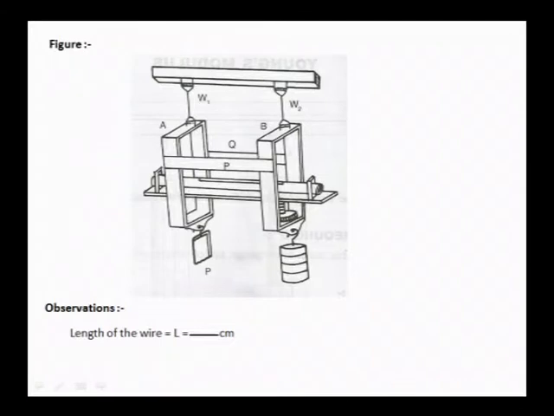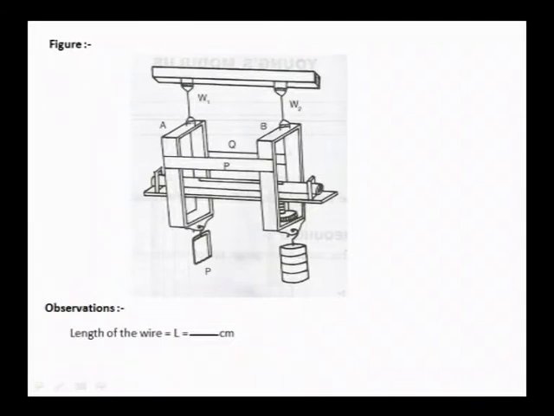So, next we note down the readings on the screw gauge or micrometer in the Searle's apparatus. We all know the screw gauge consists of two scales, pitch scale and head scale. So, the readings are to be taken on both the scales, pitch scale reading as well as head scale reading. Before taking the readings, first we will have to calculate the least count of the Searle's apparatus or the micrometer.